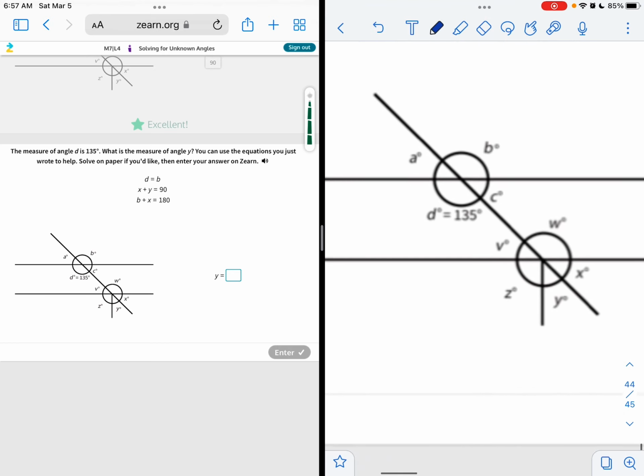All right, so D and B are the same. This is going to be 135 also. X plus y has to equal 90. And then b plus x is 180.